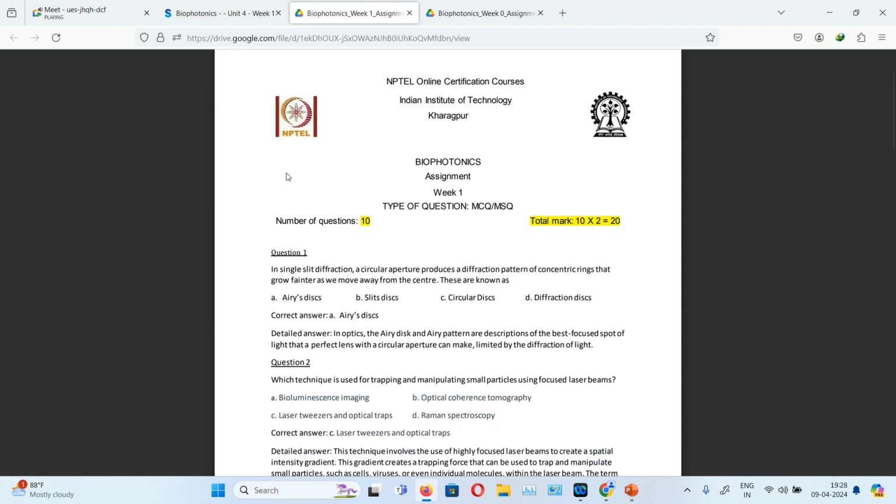In a single slit diffraction, a circular aperture produces a diffraction pattern of concentric rings that grow fainter as we move away from the center. The answer is the Airy disk.